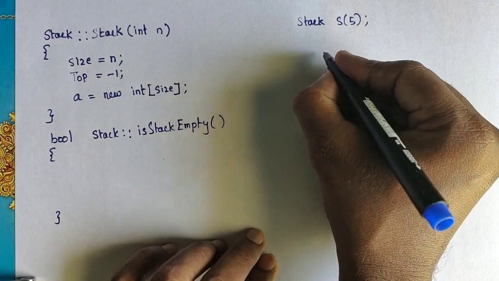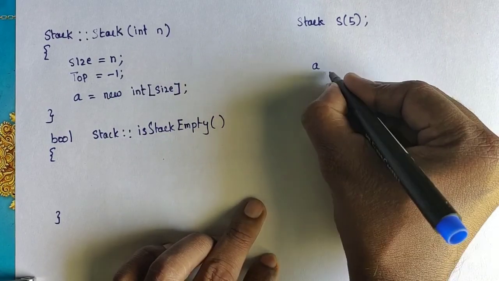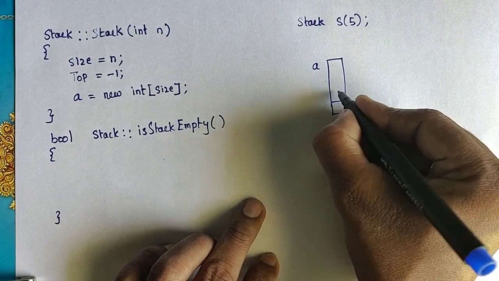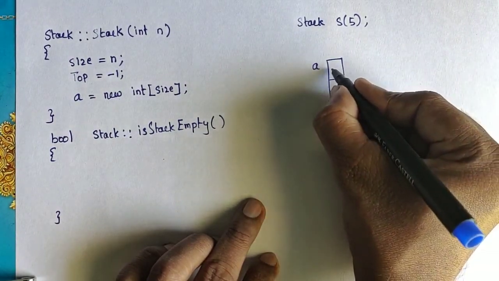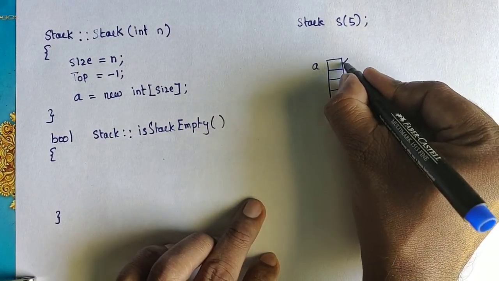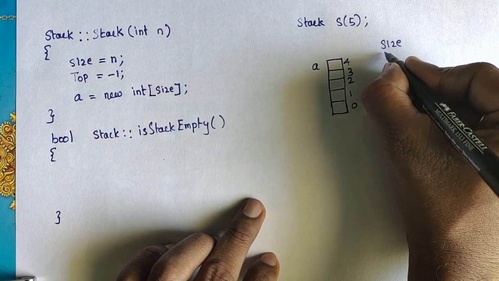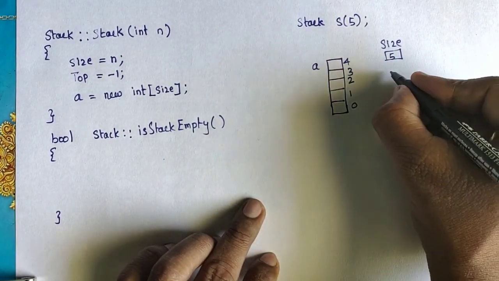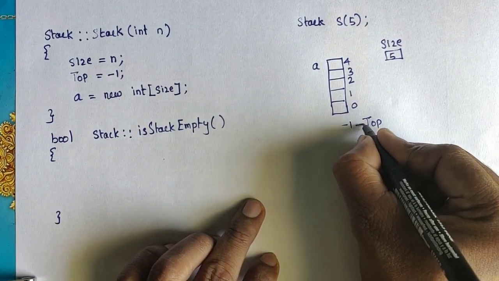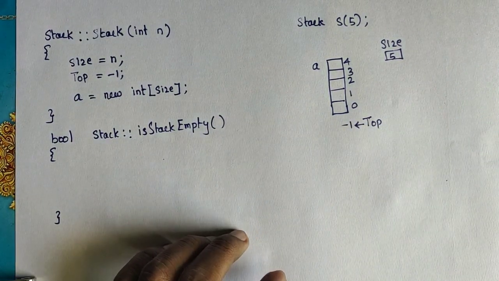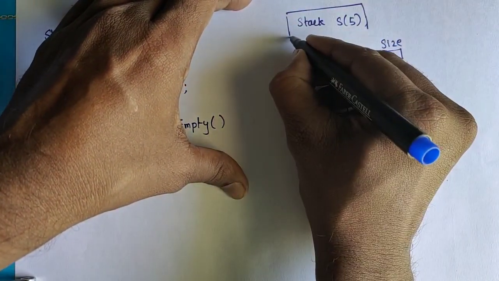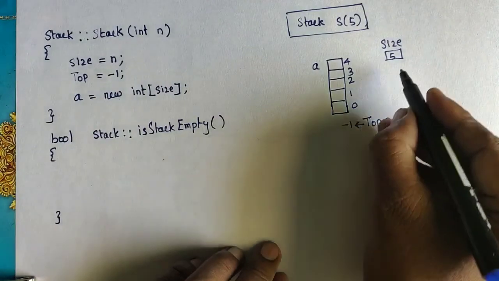So here the s will be created like this, where a is an array with indices 0, 1, 2, 3 and 4, and the size is 5, and the top is pointing to -1. This is the structure of the stack when we are creating an empty stack like this in the main.